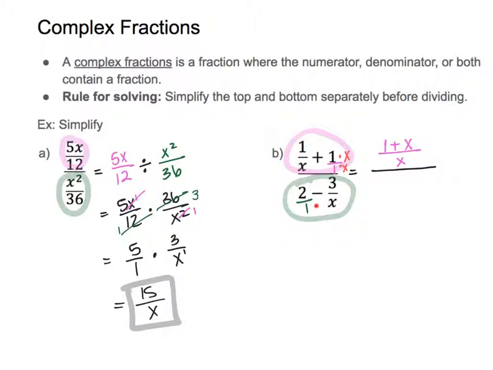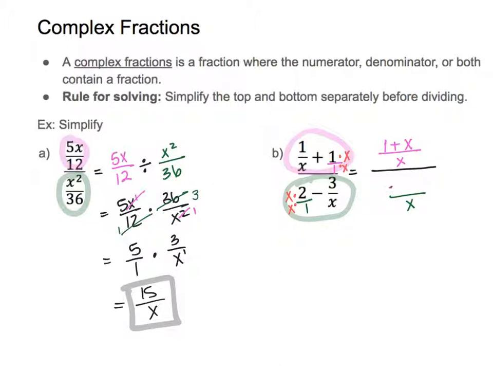Our denominators here are a 1 and an x, so perhaps a good denominator is the same one as before, just x. That means I need to multiply the top and bottom by x on this side. However, this fraction already has an x in the bottom, so I don't need to multiply anything to this 3. If I multiply the x with 2, I get 2x.